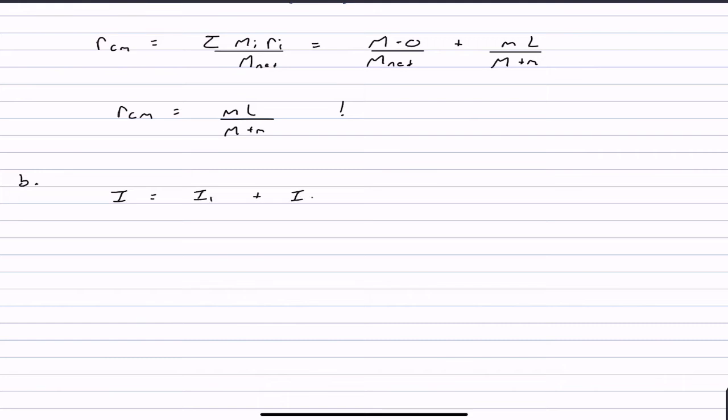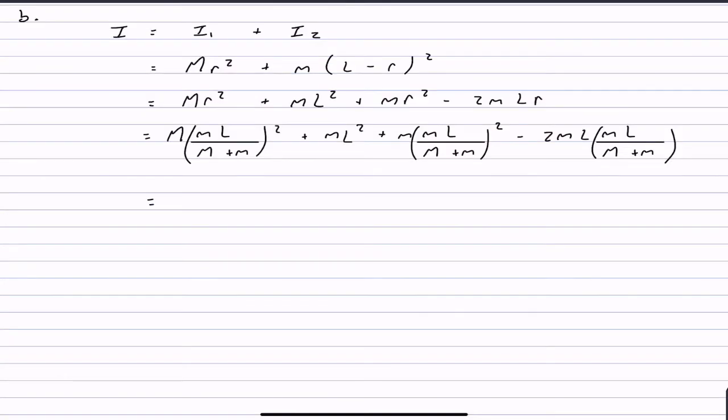I1 plus I2. This is going to be m r squared plus M times (L minus R) squared. So just give me a second. I'm just trying to skip a few steps here and there so that I don't completely bore you with all of the algebra.